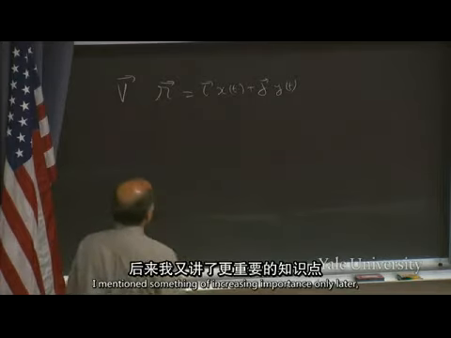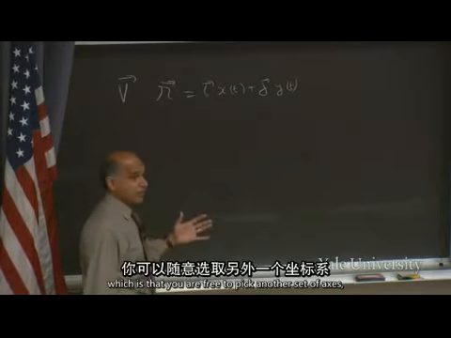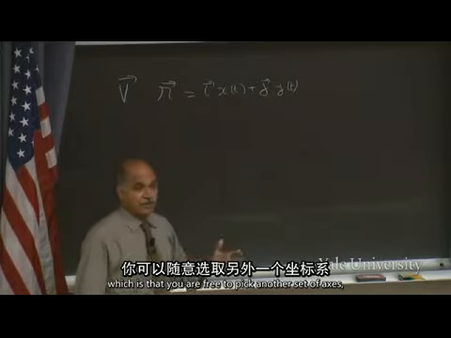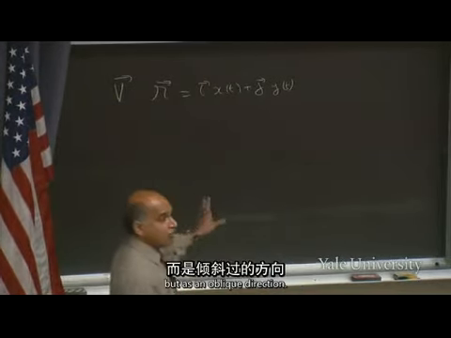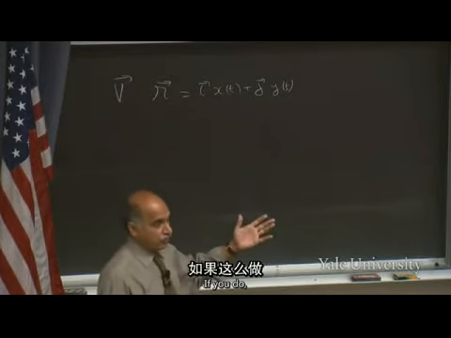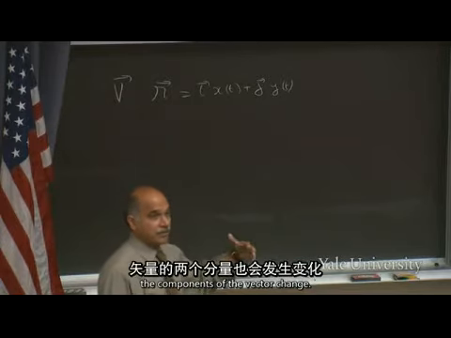I mentioned something of increasing importance only later, which is that you are free to pick another set of axes, not in the traditional x and y direction, but at some oblique direction. If you do, the unit vectors are called i prime and j prime. The components of the vector change.